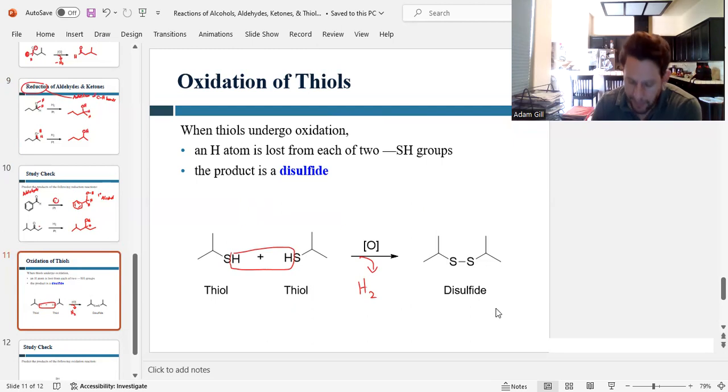This is known as a disulfide functional group. So two thiols, when they're oxidized, you rip out the hydrogens and you connect the sulfurs together. This reaction will become important when we start looking at proteins later on. So keep this in your mind because you'll see it again. Actually, you'll see all these again.